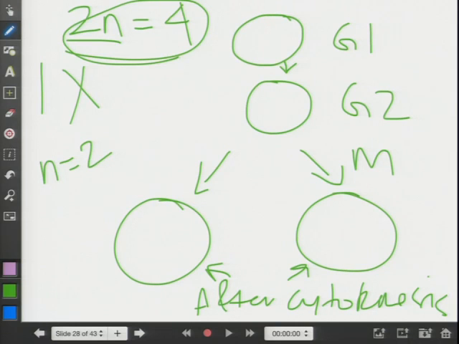Replicate, G2, there's all these checkpoints to make sure all the chromosomes replicated correctly. Okay, now we can start mitosis. But the process of mitosis, getting through prophase, prometaphase, metaphase, anaphase, telophase, and then finishing cytokinesis, is just a continuous process. We just put a line: okay, this part here is anaphase.